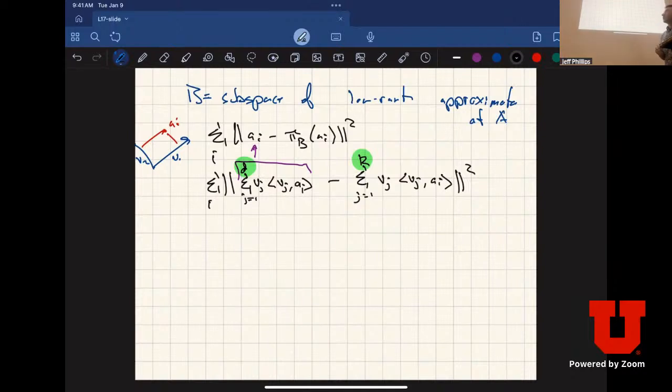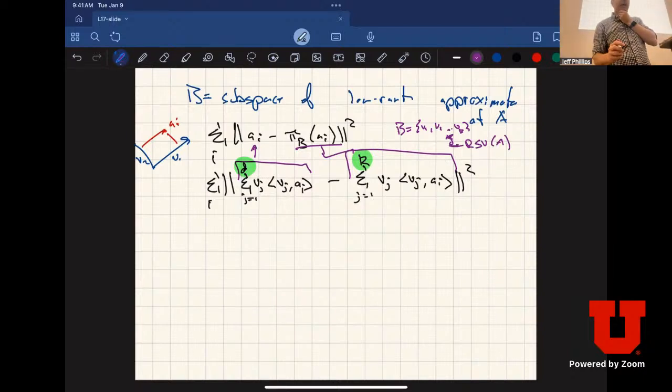This is my projection, but only where B is defined by the right singular vectors. So B is going to be equal to V1, V2, up to Vk, where these are the right singular vectors of A. I'm going to work out some nice properties about this.